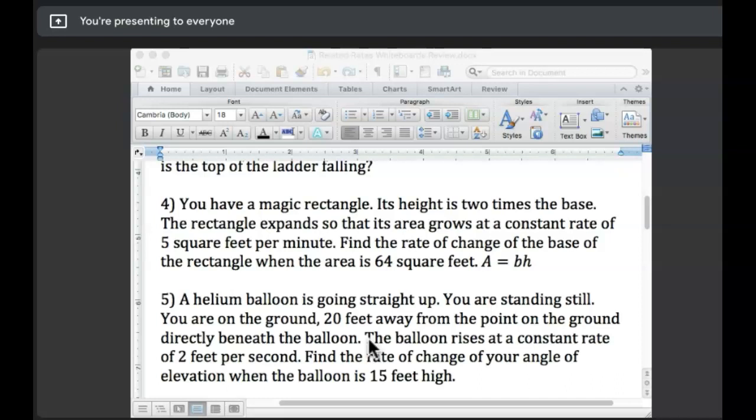Yep. So, celebrate, and then we use A equals that to find the... So that's a vector equation, right? It's fine, you're going to use this thing. So instead of A equals BH, you'll say A equals 2H squared.